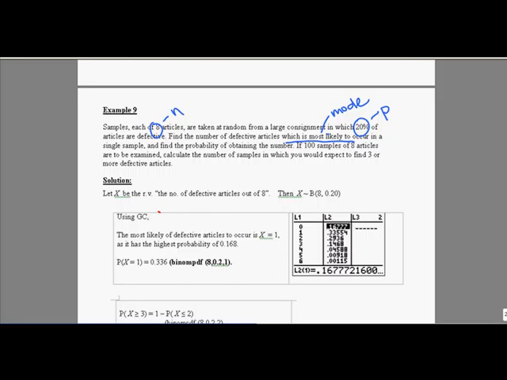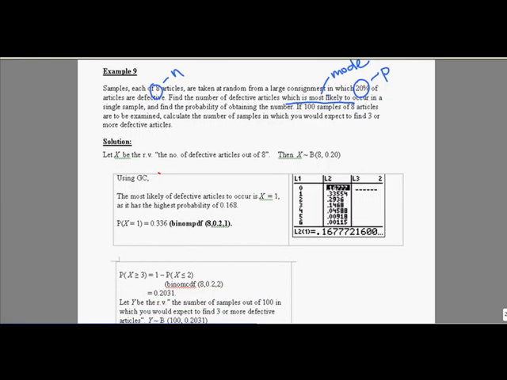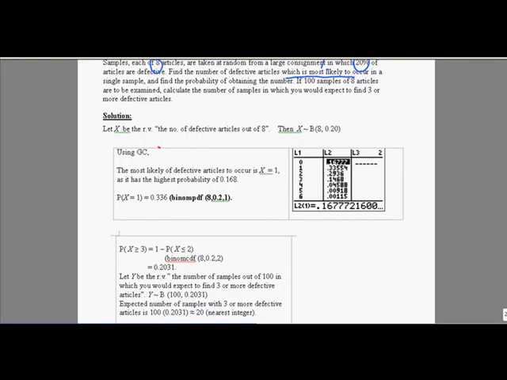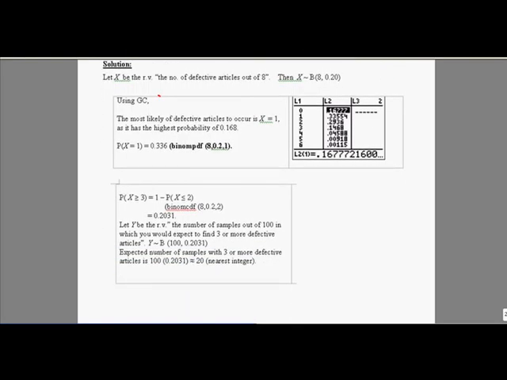Let's solve the next part of the question. If 100 samples of 8 articles are to be examined, calculate the number of samples in which you would expect to find 3 or more defective articles. We need to describe a new random variable. Let's call this Y. Y is the number of samples out of 100 in which you would expect to find 3 or more defective articles.